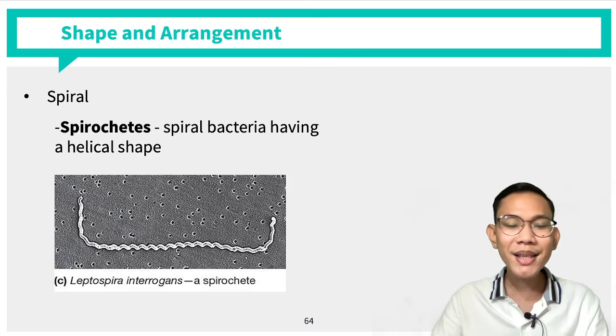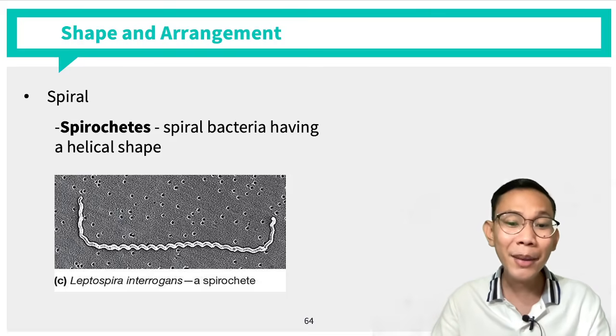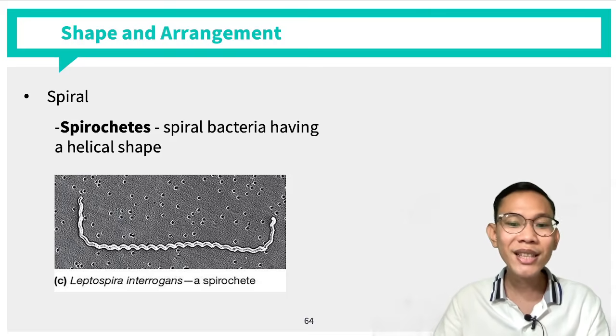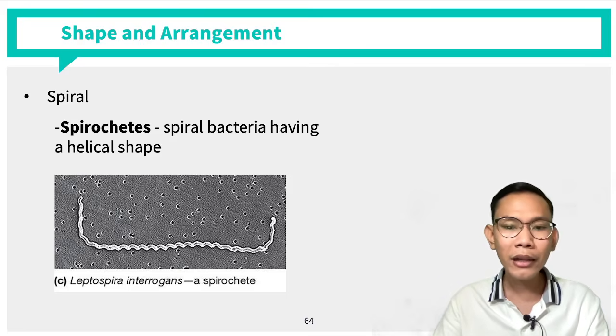Your spirochetes, these are spiral bacteria having a helical na shape. Pag helical shape, this is now your spirochete. So these are flexible and have an axial filament which helps in motility. So these filaments are actually essential in distinguishing character between your spirochetes and your other bacteria.